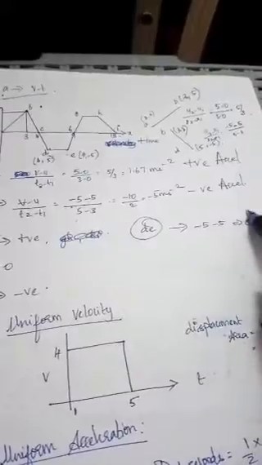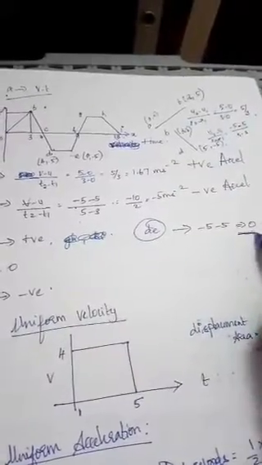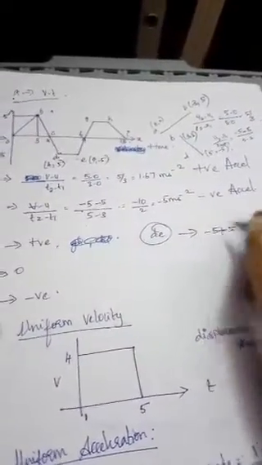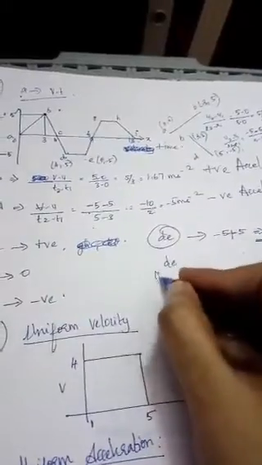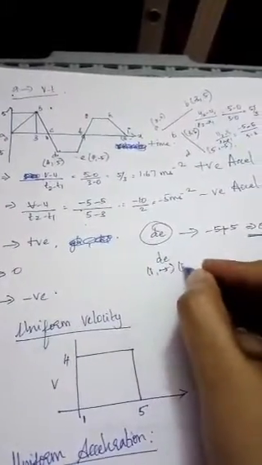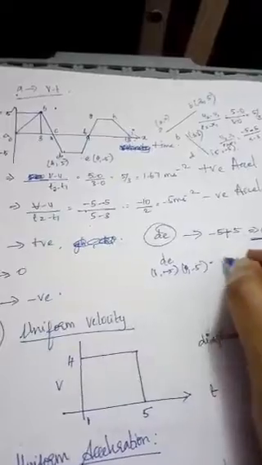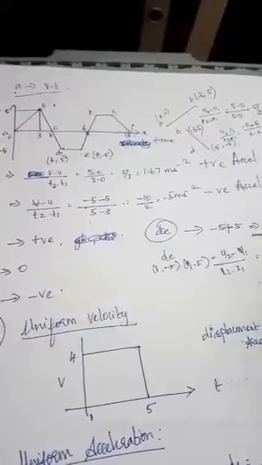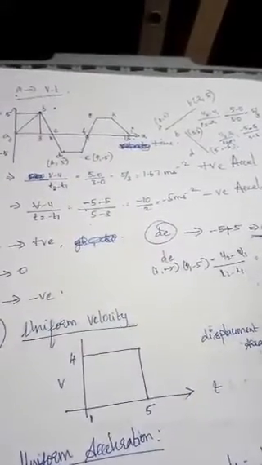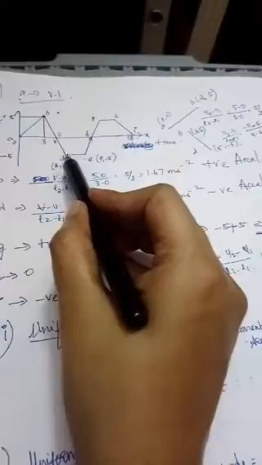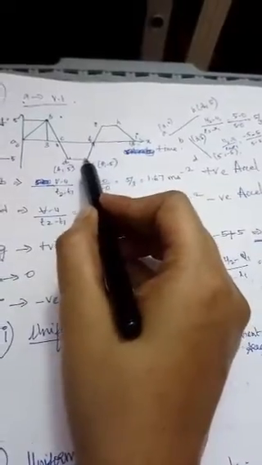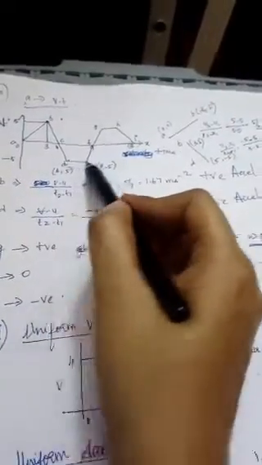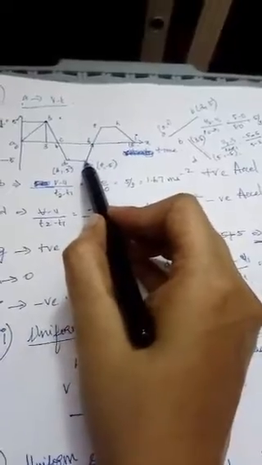Your y2 minus y1: for DE, 4, minus 5, and 9, minus 5. y2 minus y1 divided by x2 minus x1. So minus 5 minus minus 5, it will become plus, so this will become 0. Here it is not showing any acceleration, but it is moving with a constant velocity.